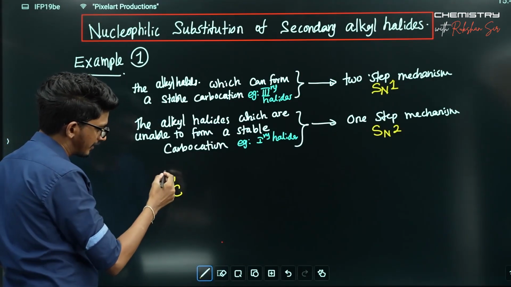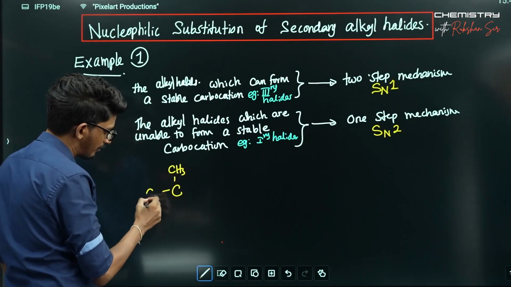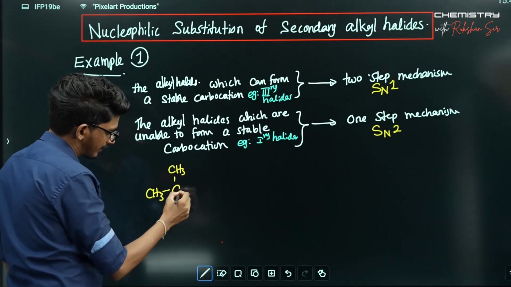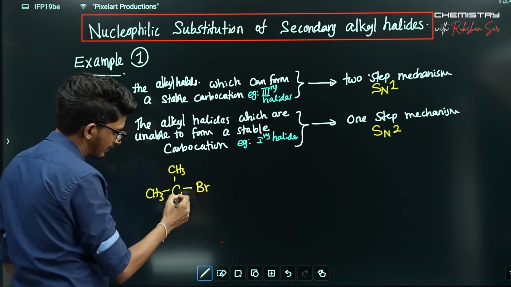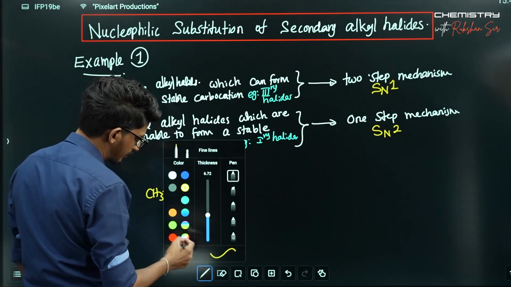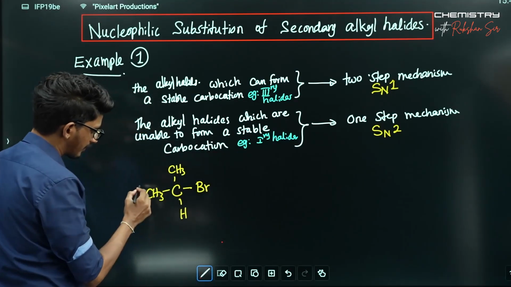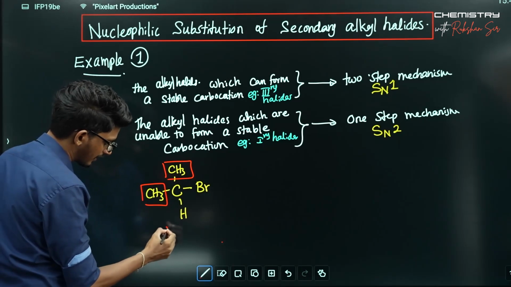If your halogen-containing carbon is attached to two R groups, these are referred to as secondary alkyl halides, no? When you have two R groups like this, these are referred to as secondary alkyl halides.